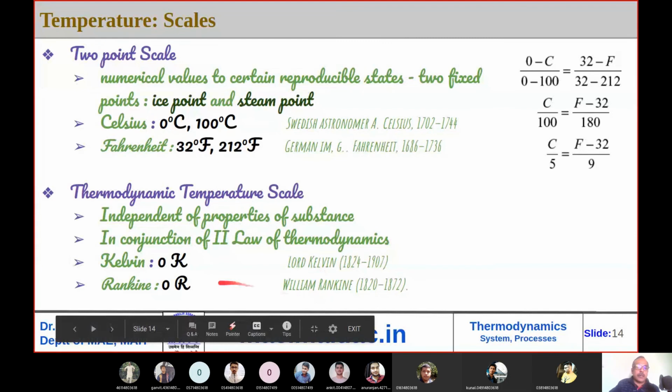And it is not a 2-point scale, unlike this one. Here you need 2 points. It's a single point scale, and it has been derived in conjunction with the second law of thermodynamics. So that we'll study later.